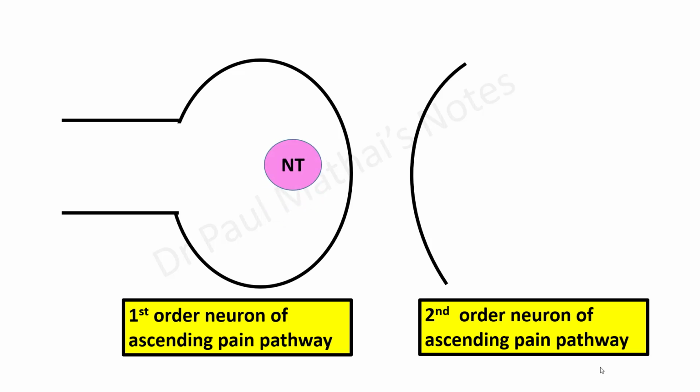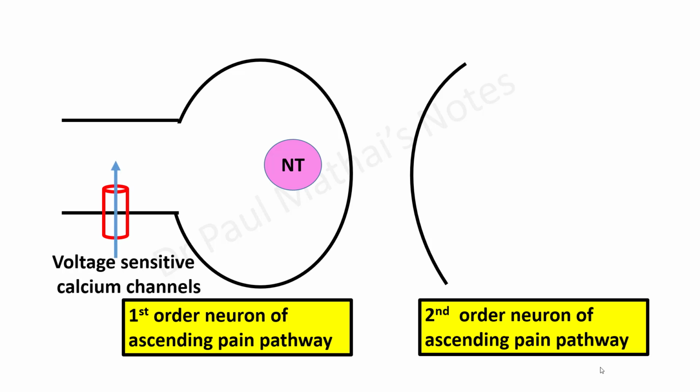Upon stimulation, the first order neuron releases neurotransmitters, which you can see in the diagram. The first order neuron of the ascending pain pathway has voltage sensitive calcium channels. When these calcium channels are stimulated, the neurotransmitter gets released.